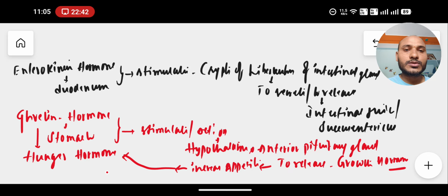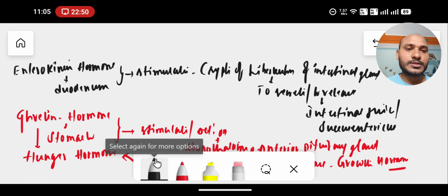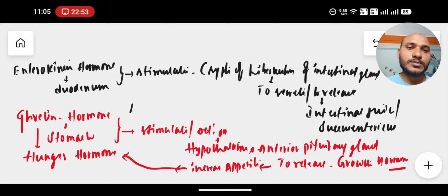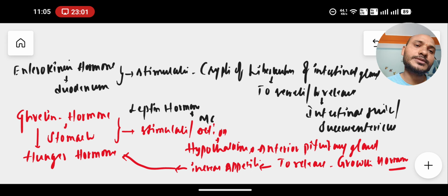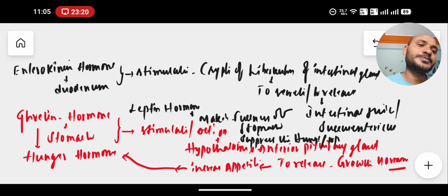There is one more important point: leptin hormone. The leptin hormone makes you feel the fullness of stomach. It means it suppresses the hunger or appetite.